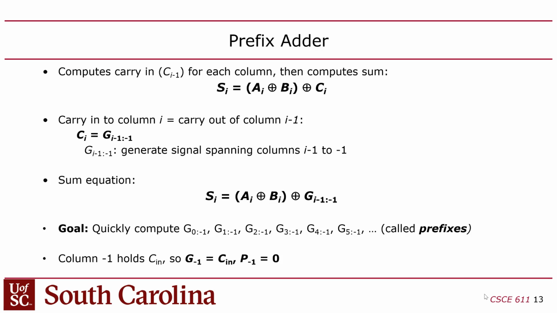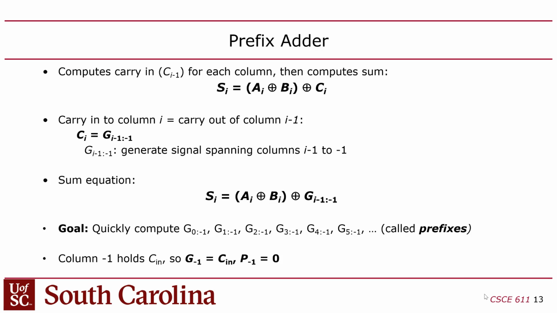Instead of building it out from bit 0, least significant to most significant, we can take subsets of the columns and figure out what the generate and propagates are from those. So we can build it up almost like a binary tree, where we start out with every 2 bits, then take the outputs of those and combine them together to get 4 bits and so on.